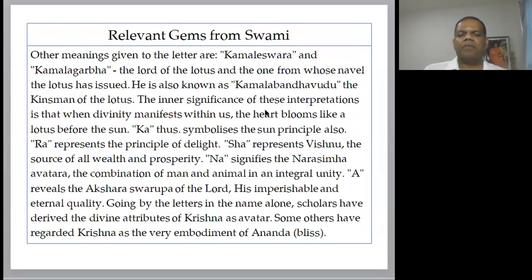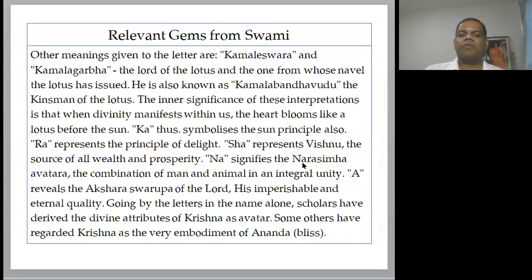The inner significance of these interpretations is that when divinity manifests within us, the heart blooms like a lotus before the sun. Ka thus symbolizes the sun principle also. Ra represents the principle of delight. Sha represents Vishnu, the source of all wealth and prosperity.